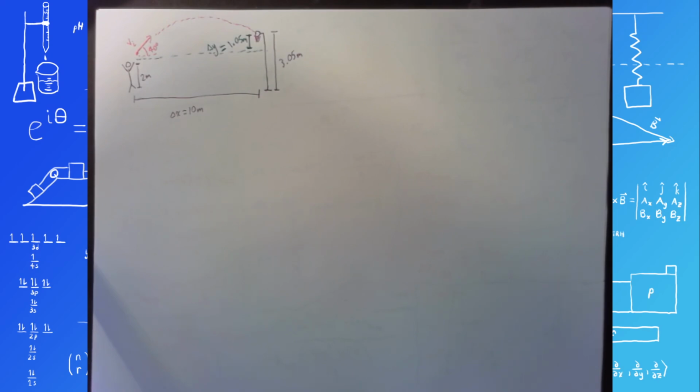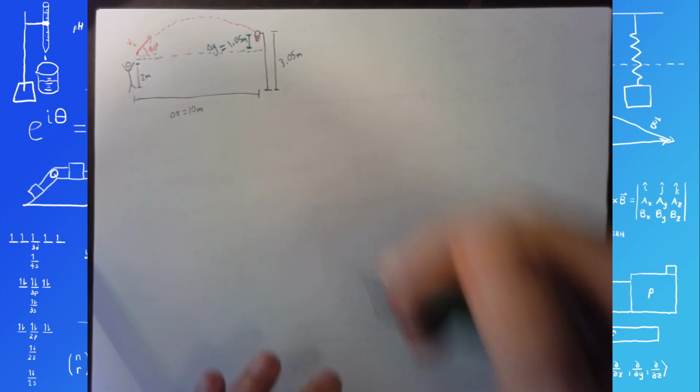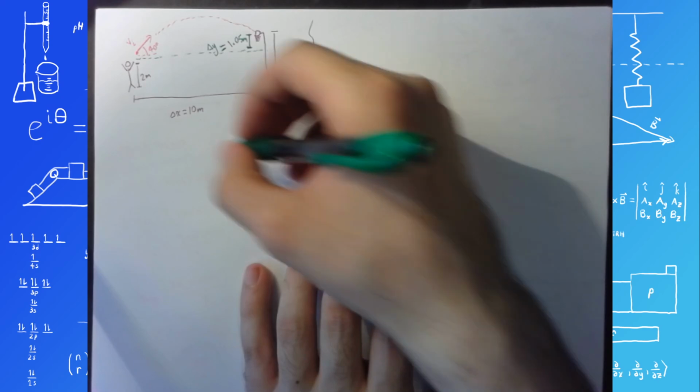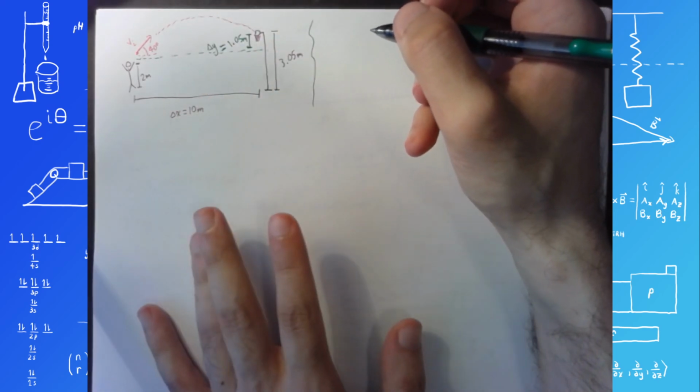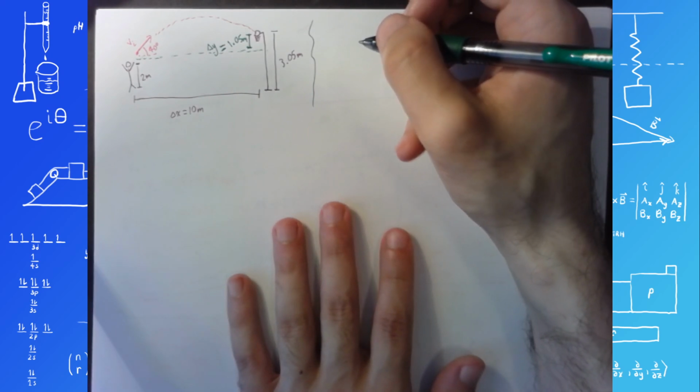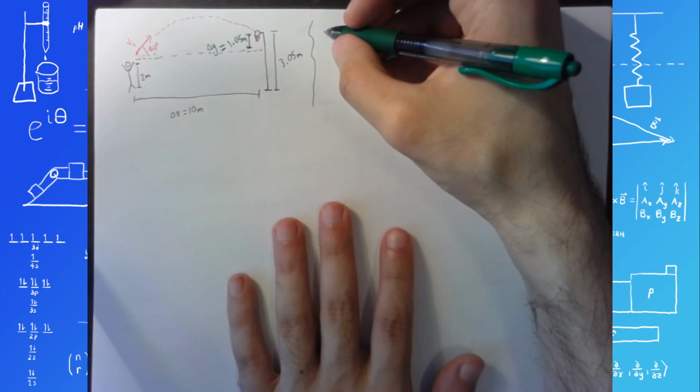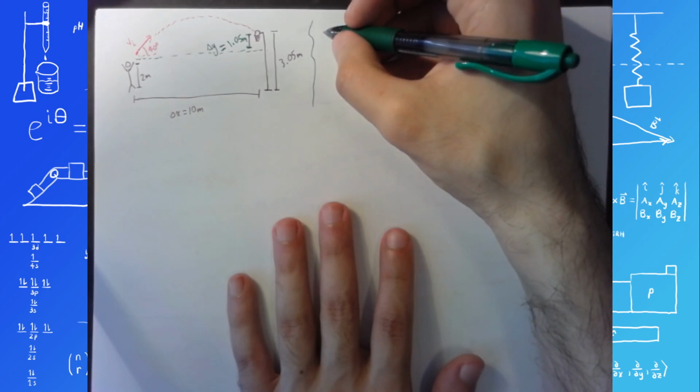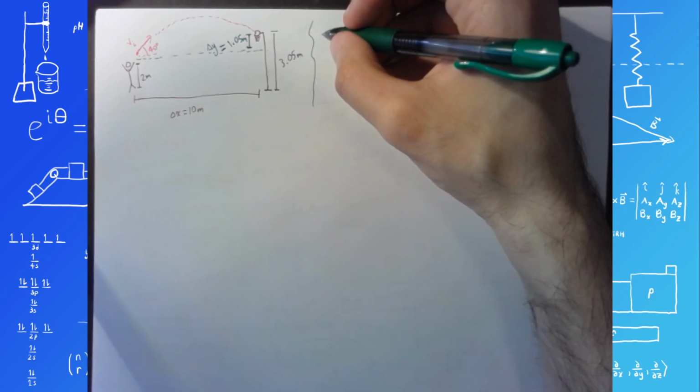Okay, where do we go from there? Unlike the tennis problem that we did last week, we actually do have to combine equations from both x and y here. So let's see how that's going to work out for us. We know delta x, we know delta y. I want to do second equation in y and also second equation in x.